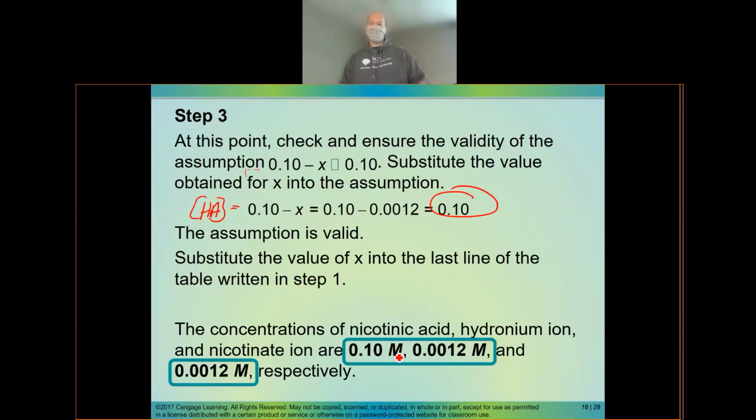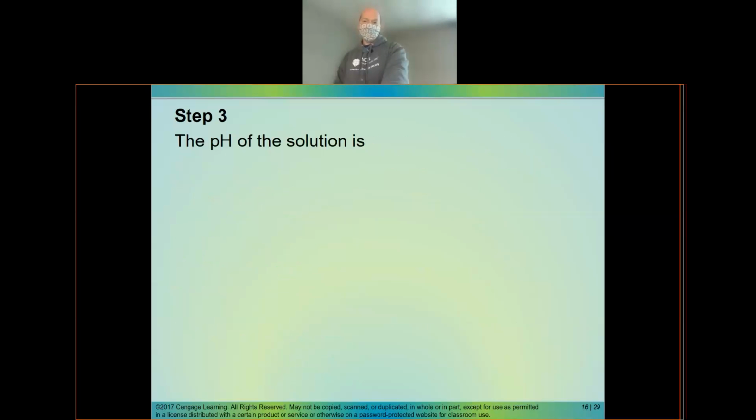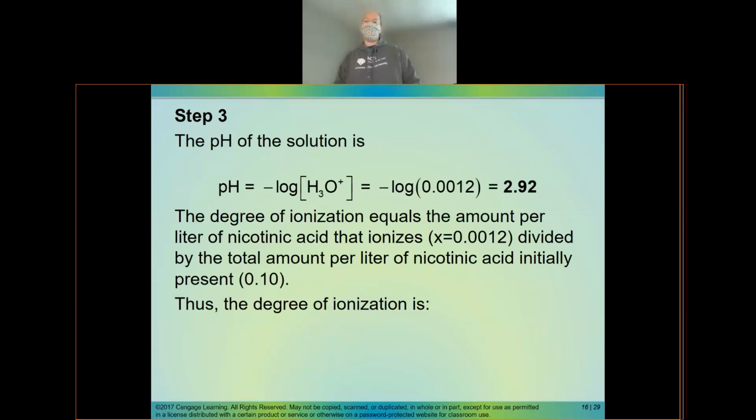And so your initial concentration and your final concentration of your weak acid did not change because the amount that went to the right was extremely small. Your H plus concentration and your A minus concentration were both the X value, 0.0012. And then the pH, you take the negative log of the 0.0012 and you do get the 2.92 pH.